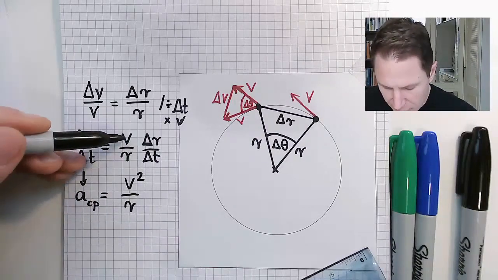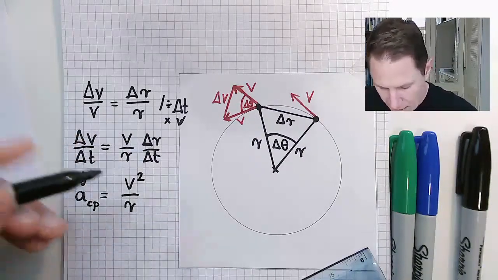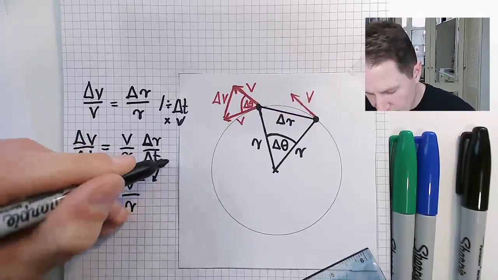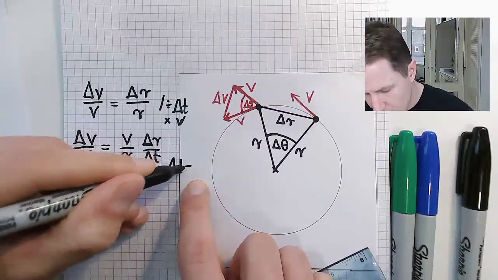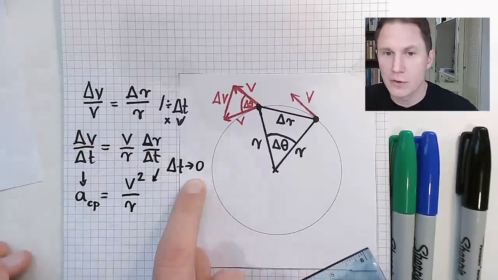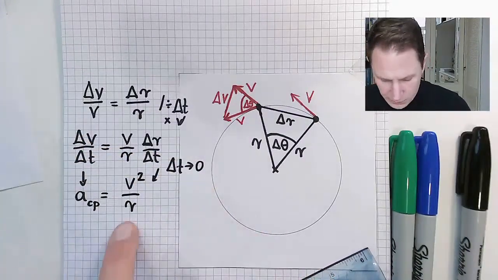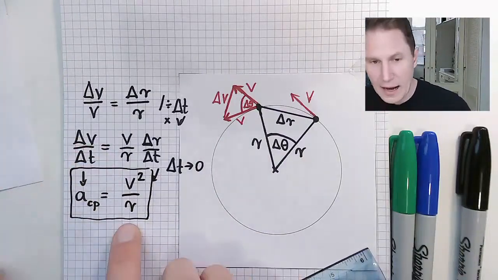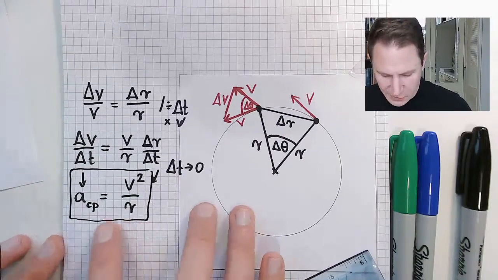So that's why we have v times v over r when delta t gets shorter and shorter.